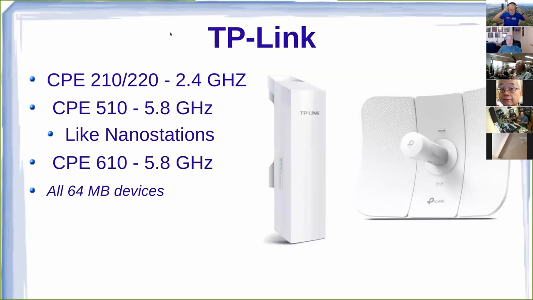I think the 220 has superseded it, but I have a 210 version 1 that's got to be 6 years old now, and it's still up on the air, still running, taking all the newer software updates. I'll probably run it till it drops dead. So they've never been super popular compared to the Ubiquiti, but they're gaining in popularity. Up in the Bay Area, they use them a lot.